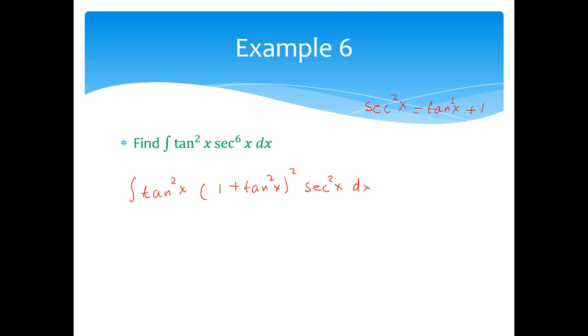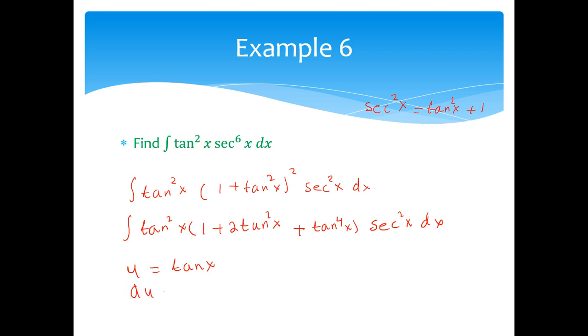So when we FOIL that one, we get tangent squared x times 1 plus 2 tangent squared x plus tangent to the power of 4 x, secant squared x dx. If we use the u substitution that u is equal to tangent x, then du is equal to secant squared x dx.